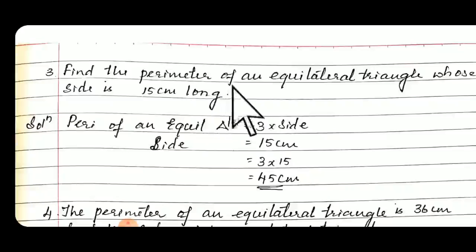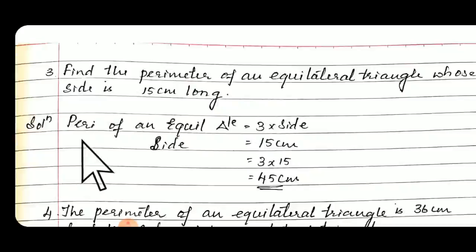Then next, find the perimeter of an equilateral triangle whose side is 15 centimeter long. See, first thing, perimeter means boundary. Then which type of triangle? Equilateral triangle. One side is how much? 15 centimeter, whereas a triangle has 3 sides. Equilateral means all are 15 each: 15, 15 and 15.